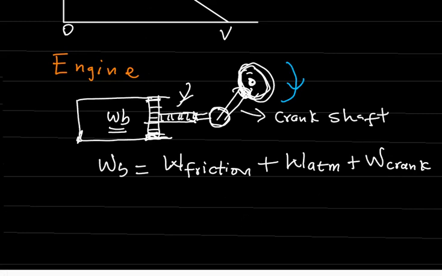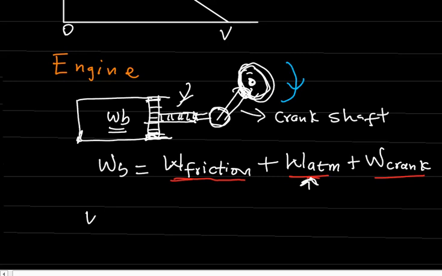So the boundary work is equal to the sum of these, and the work on atmospheric pressure, of course, can be calculated.